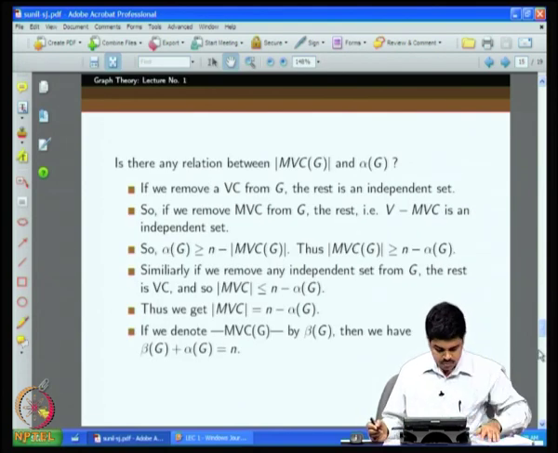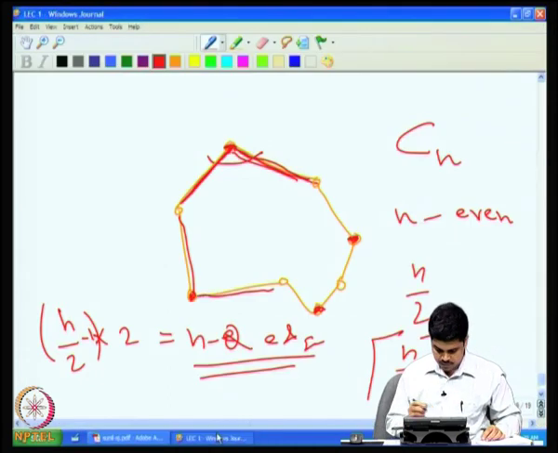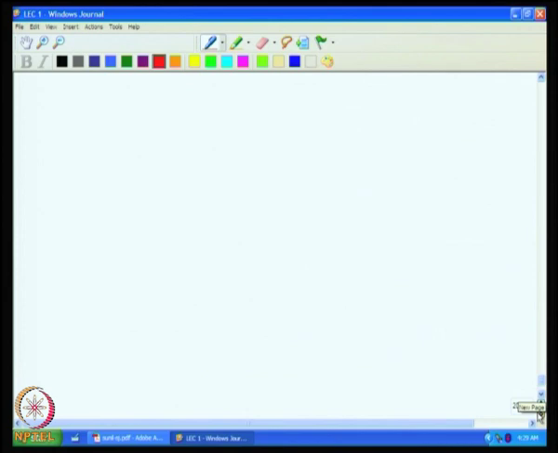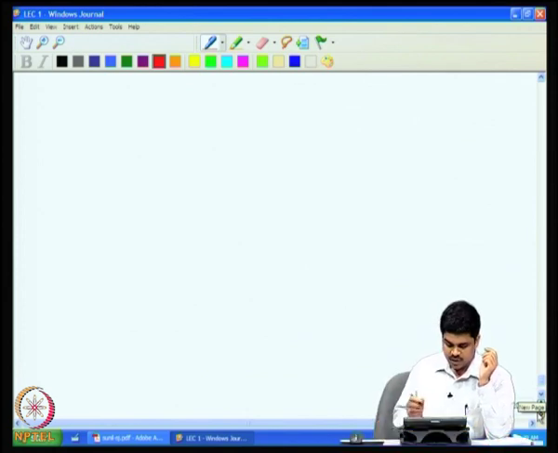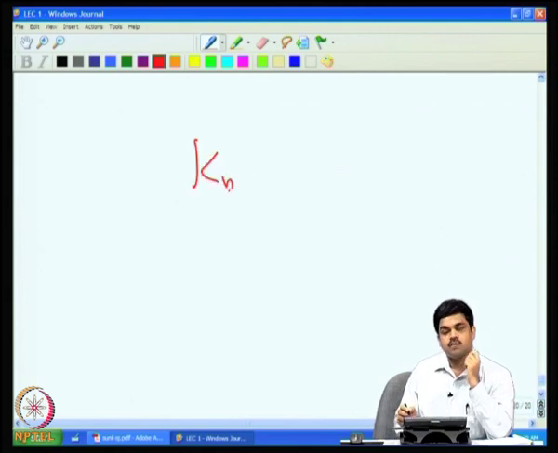For getting familiar with this parameter, we can consider these questions. For instance, in a complete graph Kn, what is the cardinality of the biggest independent set? Of course, there exists an independent set of cardinality 1, because if you just take one vertex, there is no edge in it.